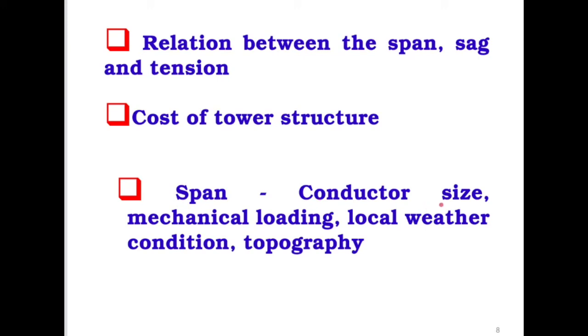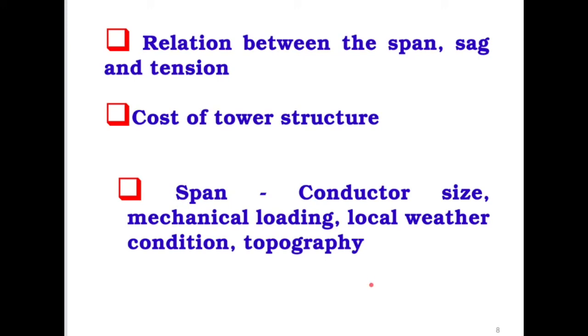It depends on many things. First of all, the conductor size. Second is the conductor loading, mechanical loading, not electrical current. Electrical loading, when you talk about loading in electrical engineering, is generally electrical loading, meaning how many amperes. That's why I wrote it mechanical loading.